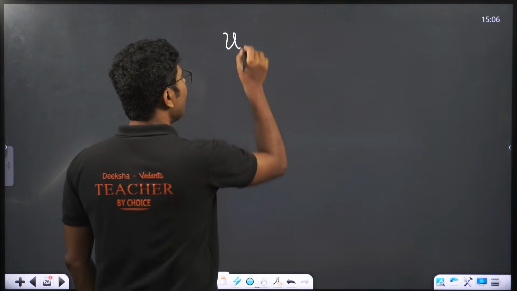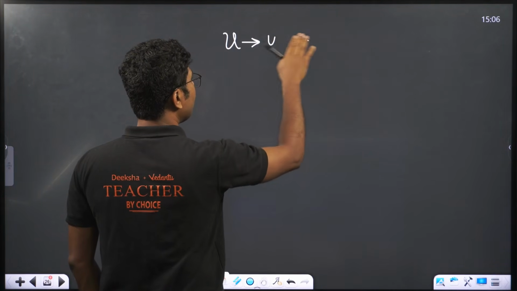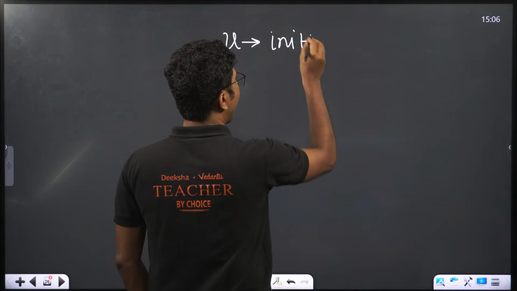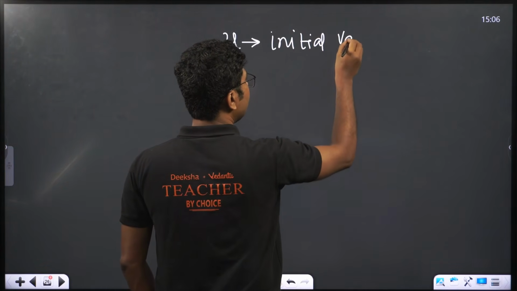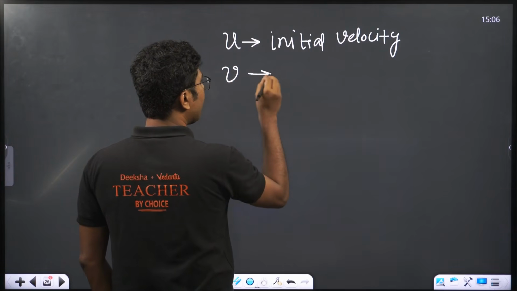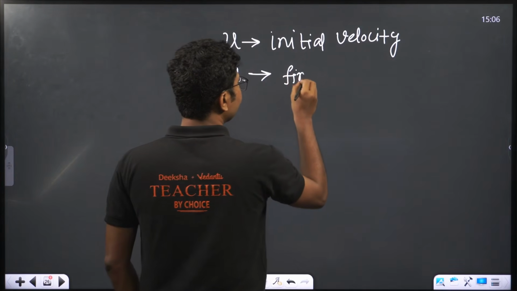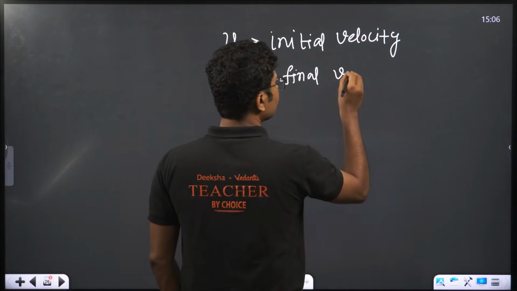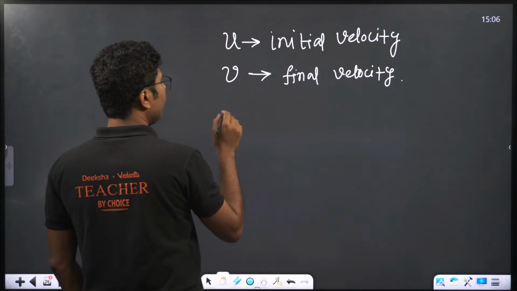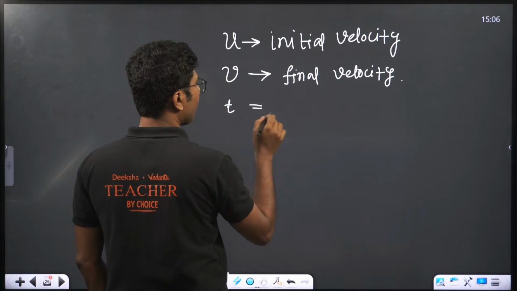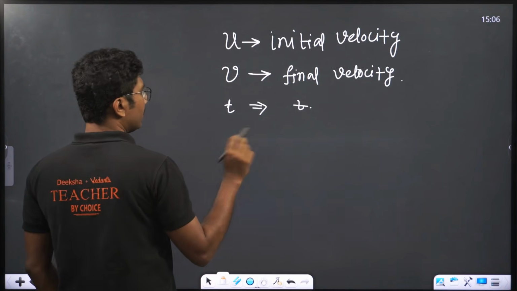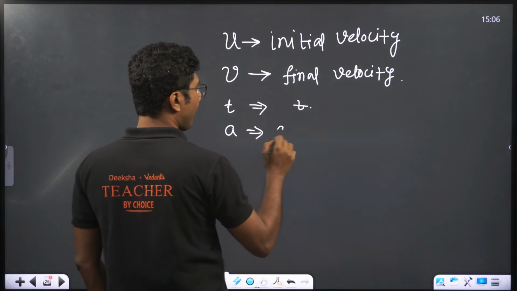One is u, which is denoted as initial velocity. Then we have the normal symbol v, that is final velocity. We also have time t, and a is acceleration.